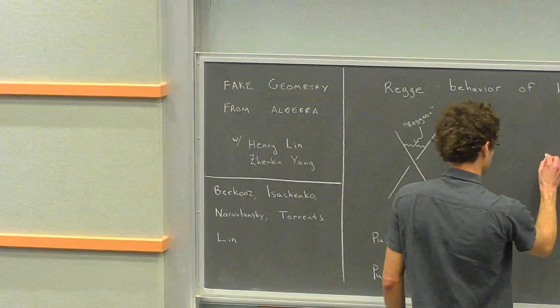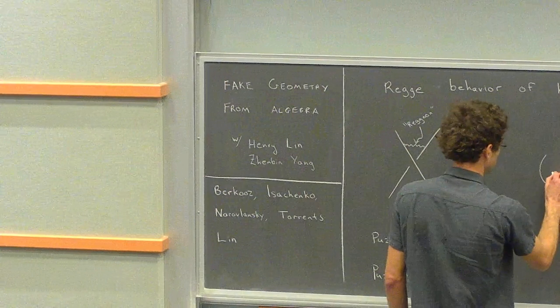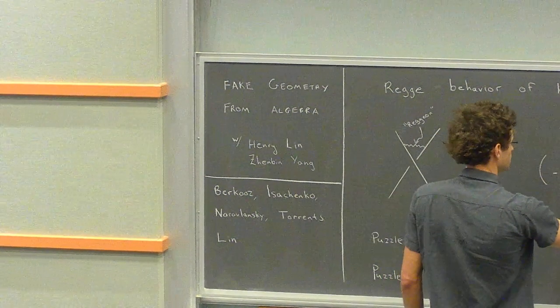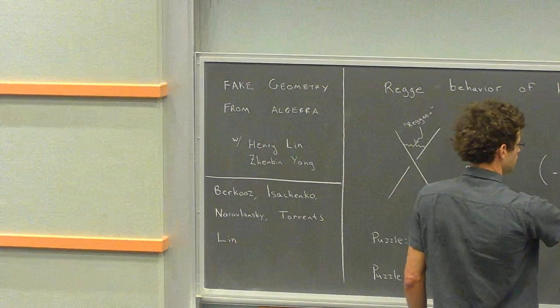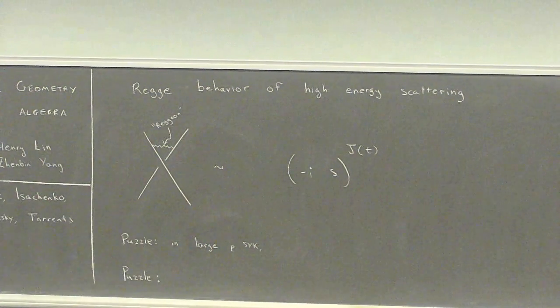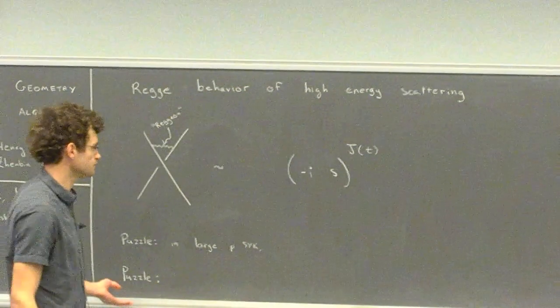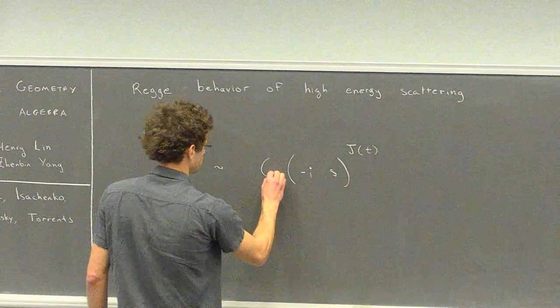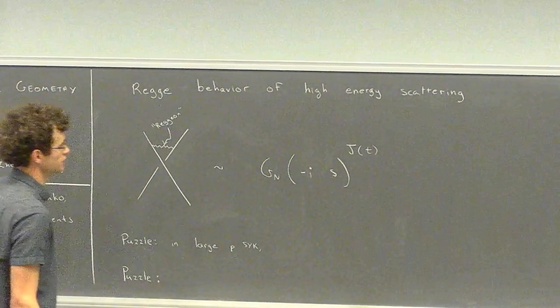And in these kinematics, the amplitude is supposed to go like minus iS to some spin j that depends on the small amount of momentum that is exchanged between the particles, times some weak coupling coefficient.